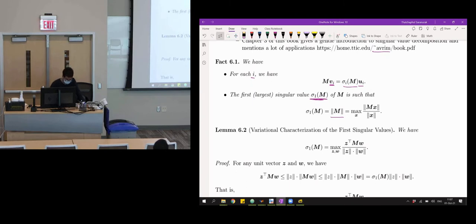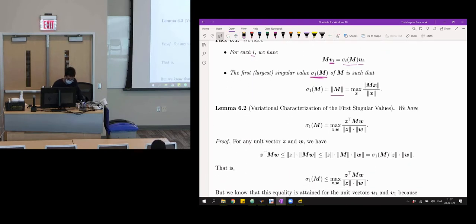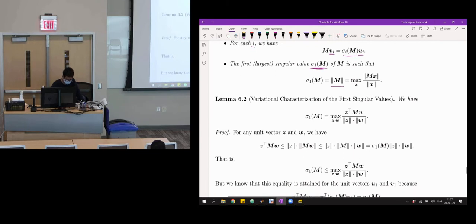And now we just need this equality. Basically, we will say that sigma 1, the largest singular value of M, can be written as maximizing over z and w, where you multiply z and w from both sides of M and divide by the norm of both.